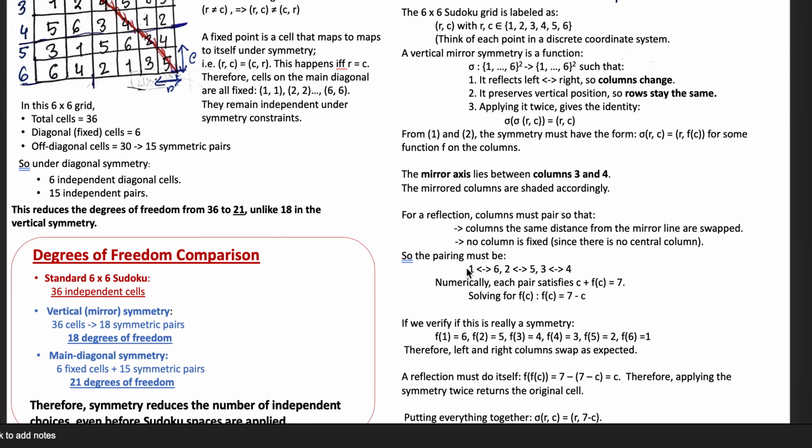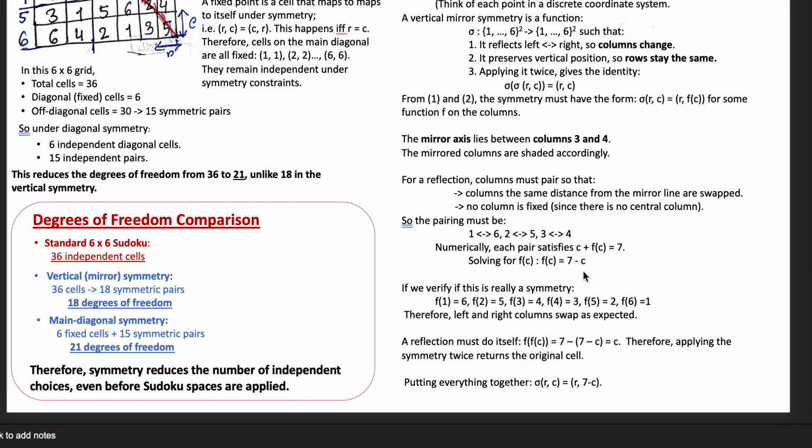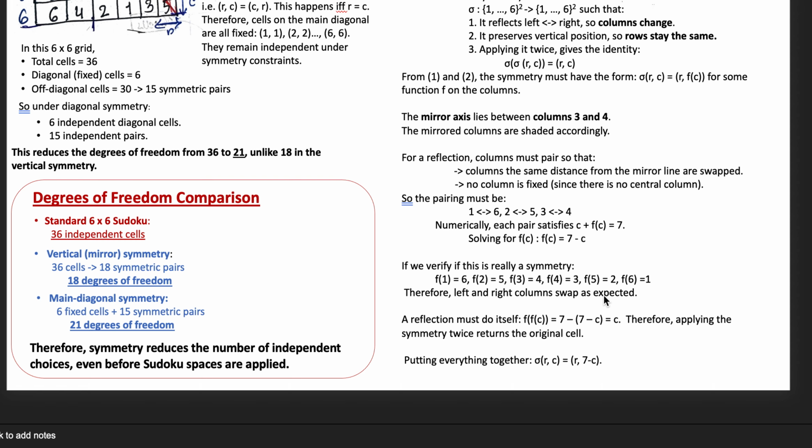The reason it is 7 is because if you add the column with the reflection of the column, 1 plus 6 equals 7, 2 plus 5 equals 7, 3 plus 4 equals 7. So therefore, C plus f of C equals 7. If you solve, f of C equals 7 minus C.